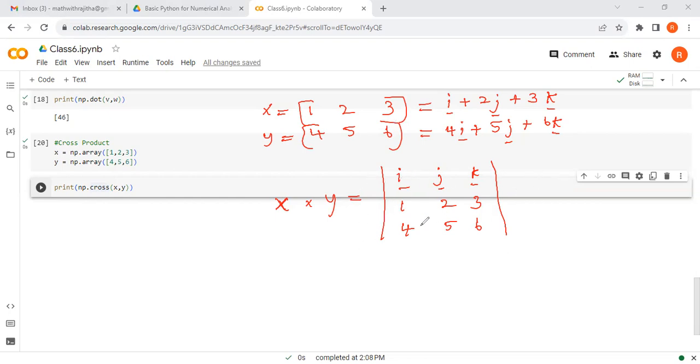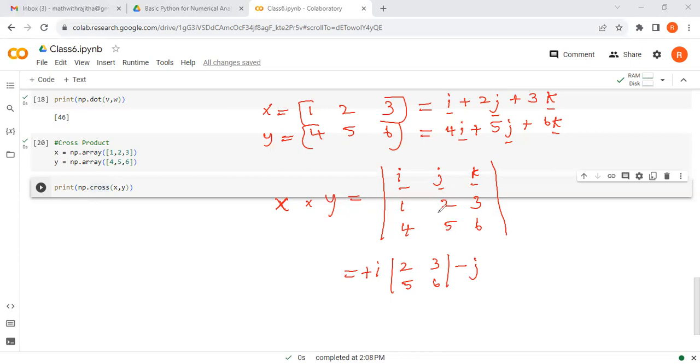Anyway, how to get the determinant of this? You get the first entry, i, and you get the determinant of this part: 2, 3, 5, 6. Alternatively, we write plus and minus. Here plus i, next minus j. We omit the row containing j and the column containing j.